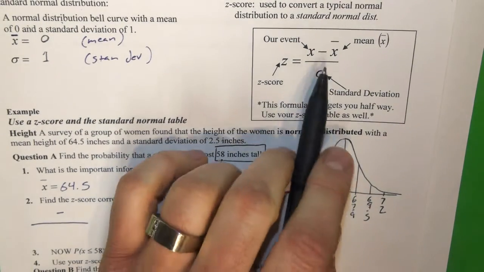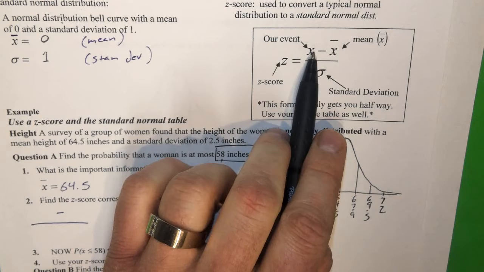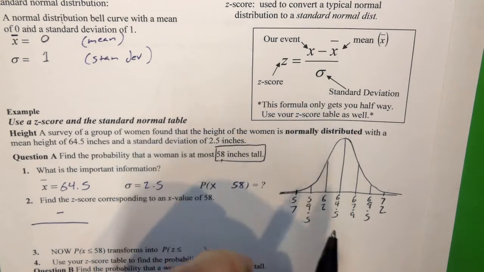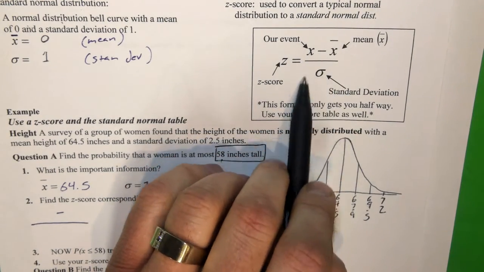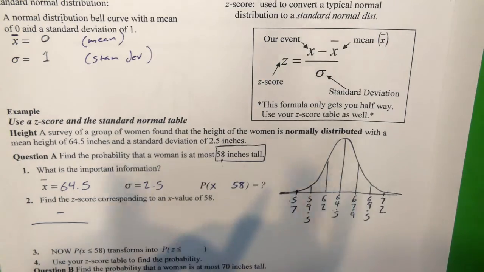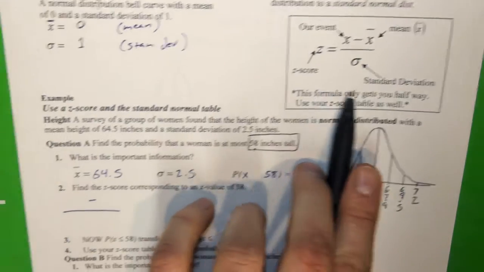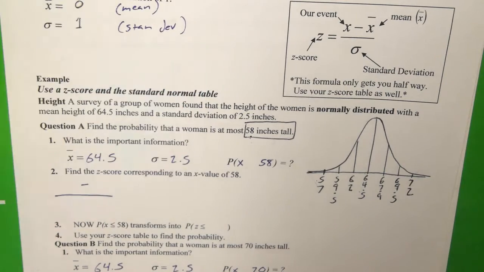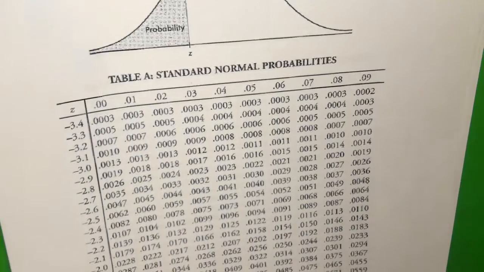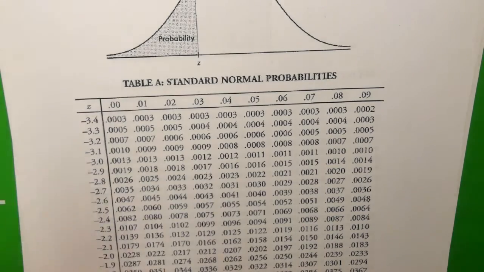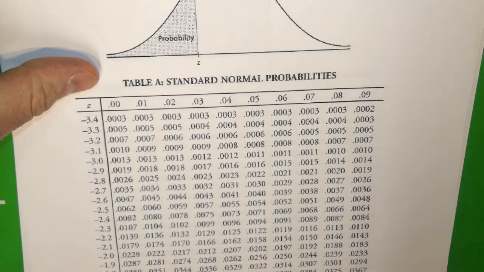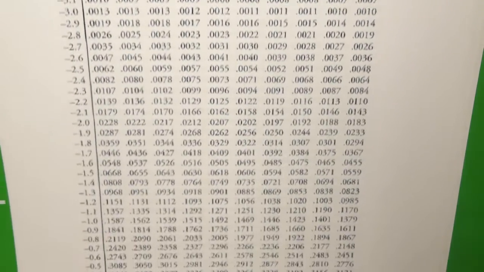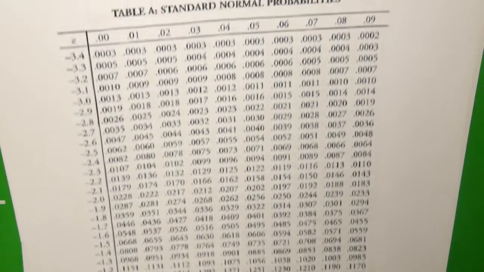This is super easy to do. For any value that you're curious about, you are going to subtract the mean from it, and you will divide by the standard deviation. But right down here, this formula is only half of the z-score process. The z-score process also requires you to have something called a z-score table. This is my z-score table, and you can find it on my Google Classroom. The z-score table is like a paper calculator.